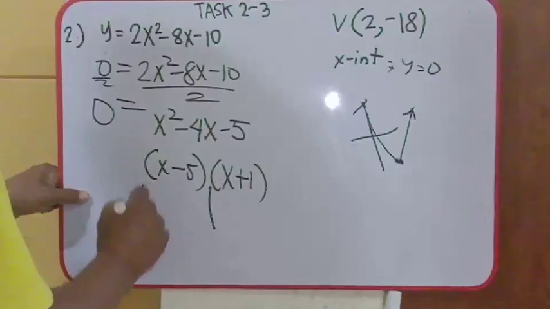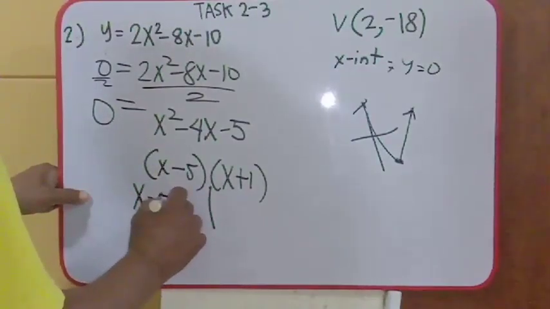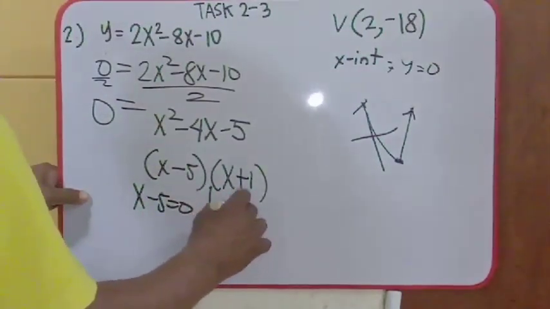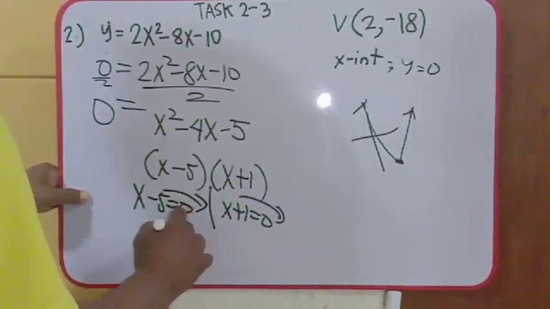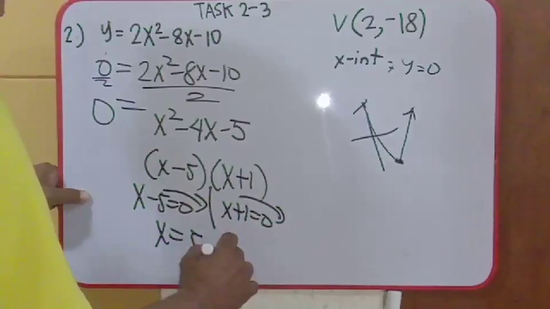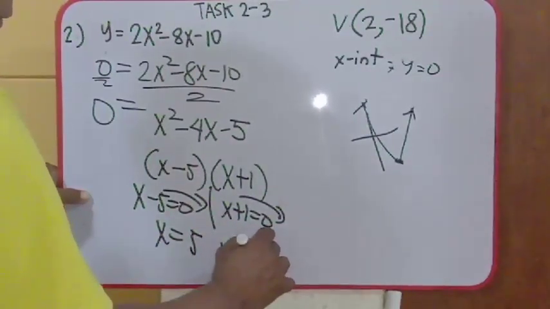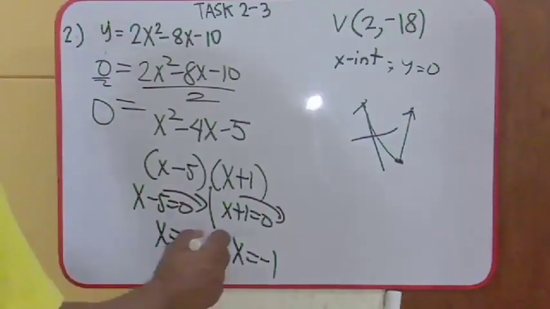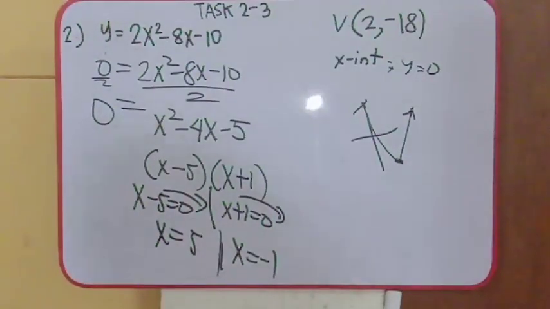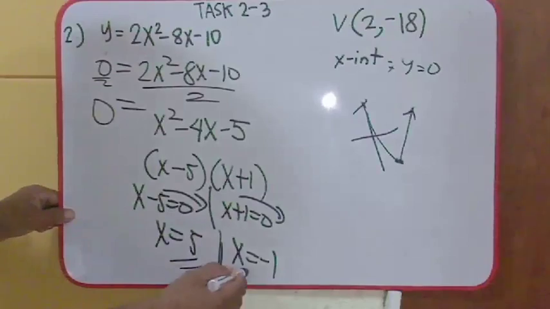Equate. X minus 5 equals 0. X plus 1 equals 0. Transpose. X equals to 5. And x equals to negative 1. So, ibig sabihin, ang X-intercept natin ay 5 and negative 1.